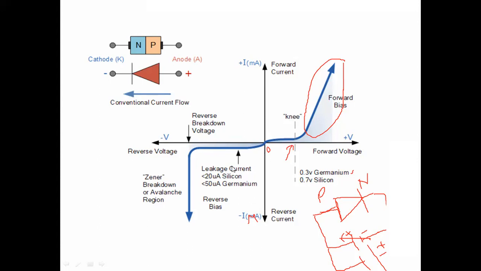Here this is the value of leakage current: 20 microamperes for silicon and 50 microamperes for germanium. So this is the PN junction characteristics in forward bias and reverse bias. If you still have any doubts, you can ask questions regarding this.